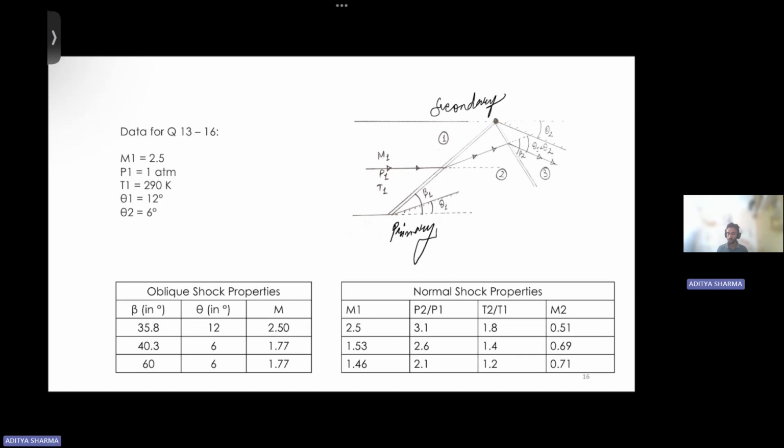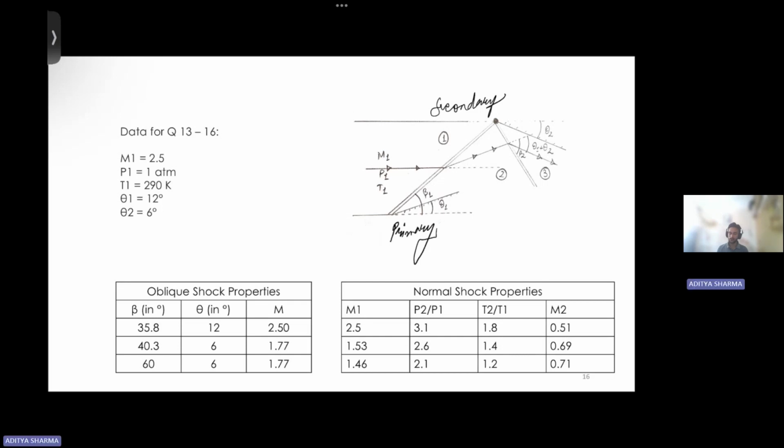First of all, at primary wall we have theta 1 deflection, and at secondary wall we have given a theta 2 deflection. And the related angles are there, right? So shock wave angle also have been given. Beta 1 for the shock attached to primary wall, and then beta 2 for this shock attached to secondary wall, right?